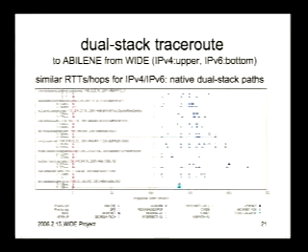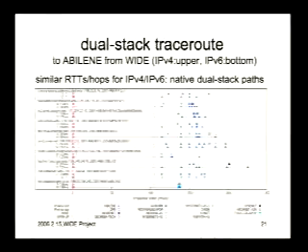This one is an example of dual stack traceroute visualization. This is from White to Abilene. We plot neighboring sites and their paths, and each target is plotted.